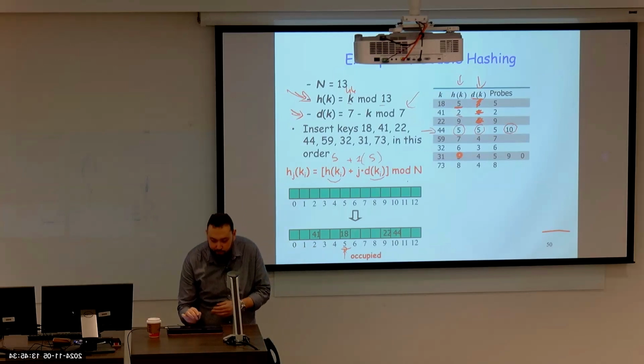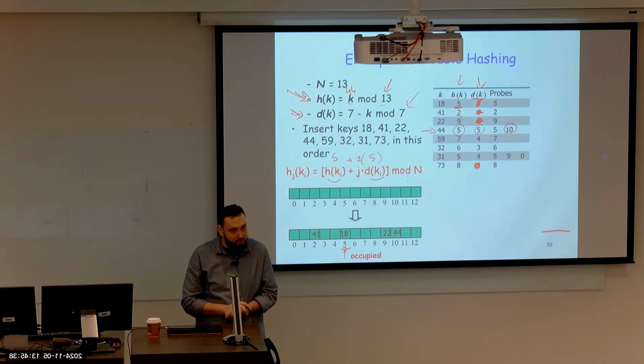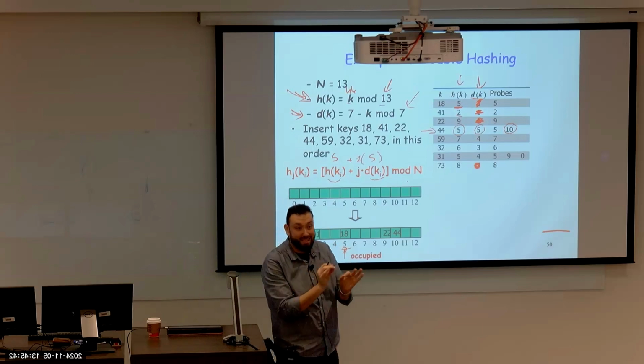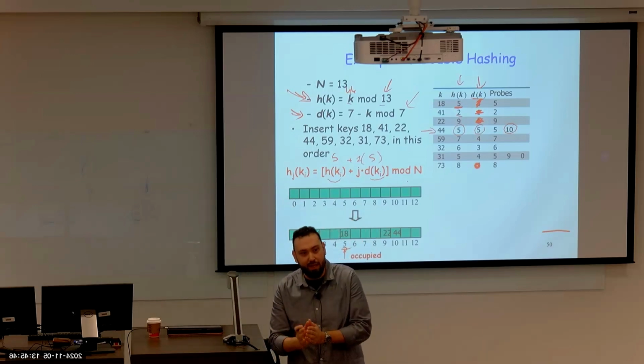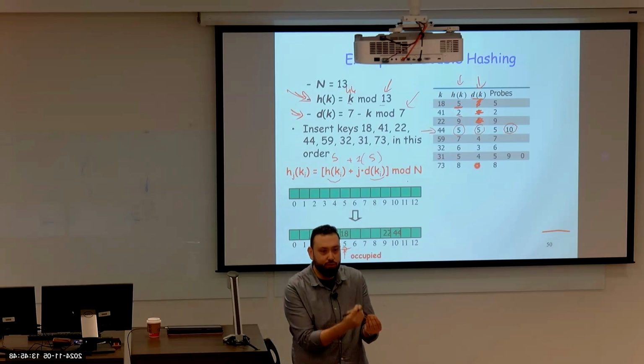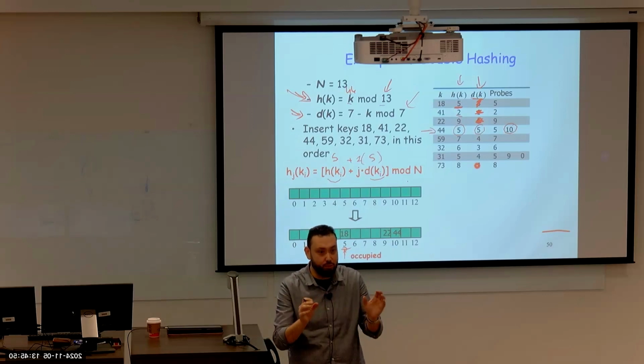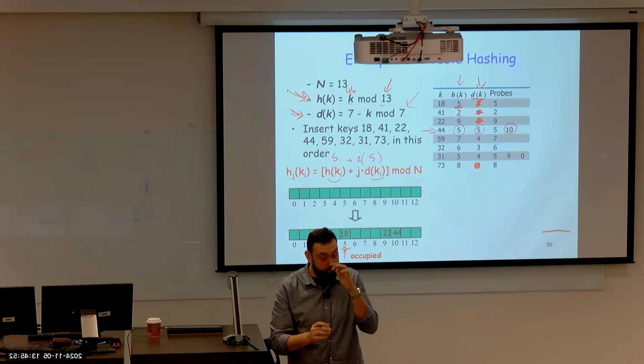I cannot tell you this is 7 because of this, because someone chose this. This 13 here, yes, this 13 is the length number. So that's the simplest hash function. The minimum hash function that will be good enough is usually doing the key modulus the length of the array. That's the simplest one.